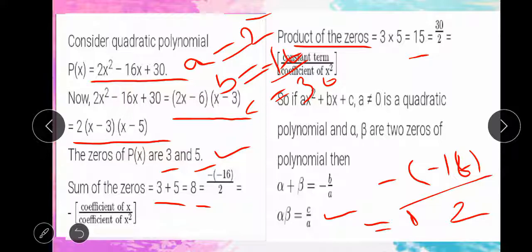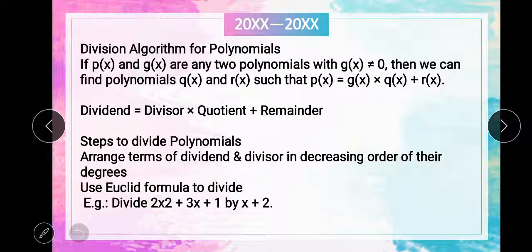Hence we get 15. Hence it verifies that there is a specific relationship between zeros and coefficients. So if ax square plus bx plus c is a standard quadratic polynomial and alpha, beta are the two zeros of the polynomial, then alpha plus beta is equal to minus b by a, and alpha beta is equal to c by a.